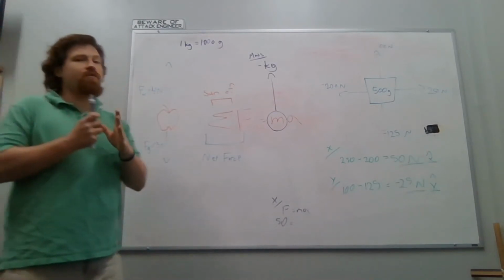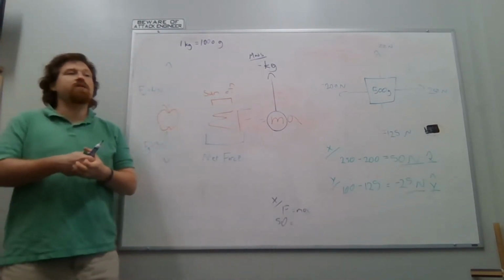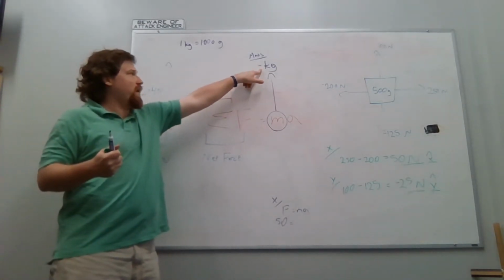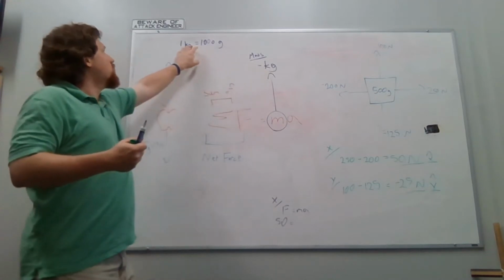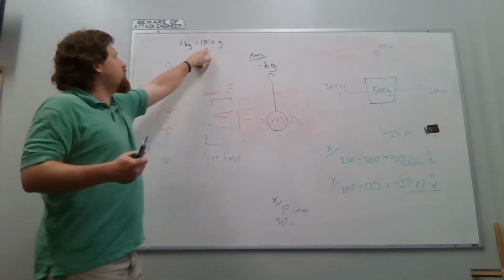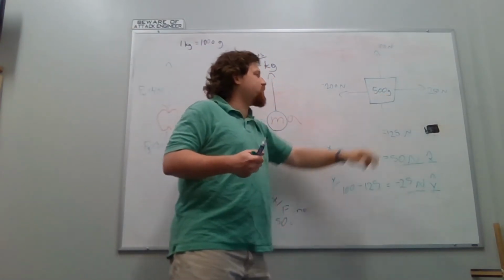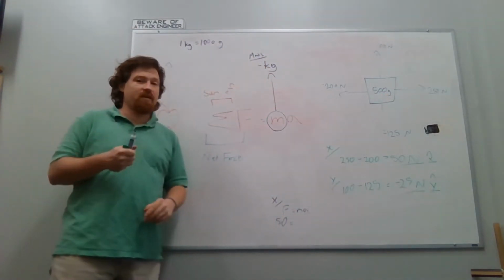So, in all of our formulas for this class, we specifically want to use kilograms. If 1 kilogram equals 1,000 grams, 500 grams is going to equal half a kilogram.